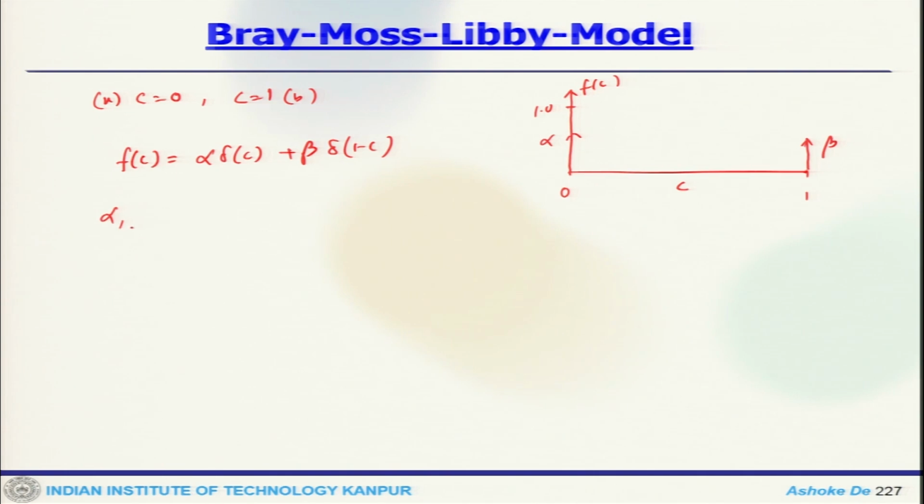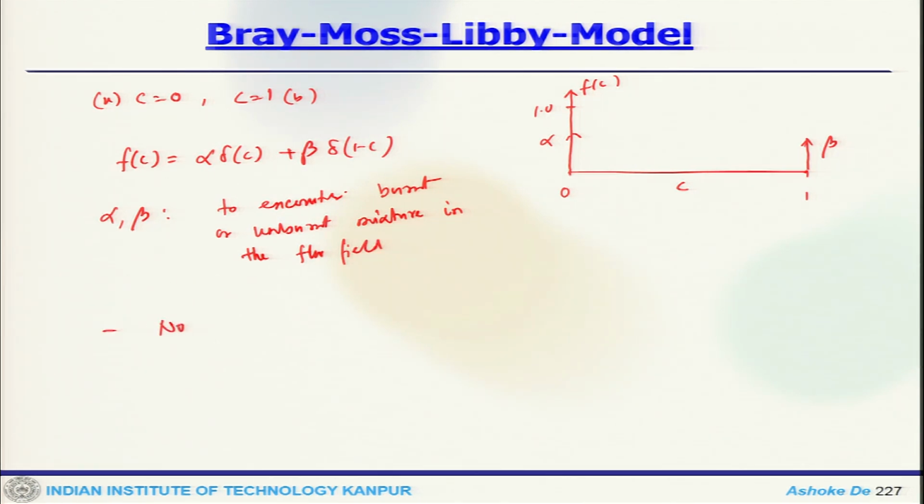So, this alpha and beta, these are the probabilities to encounter burnt or unburned mixture in the flow field.